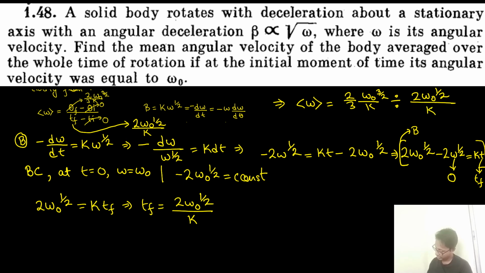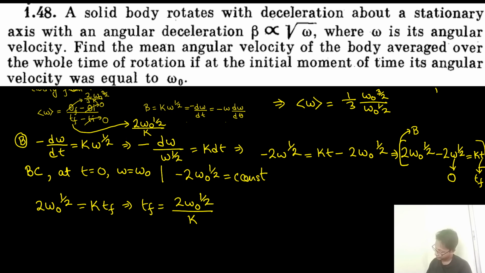Similarly, k and k would get cancelled, 2 and 2 would get cancelled. So let's simplify it. Cancelling k and k, 2 and 2, it's nothing but 1 by 3, divided by omega naught to the power 1 by 2.